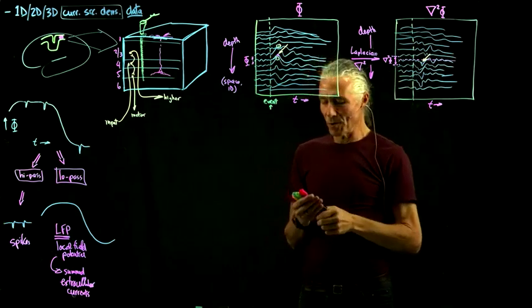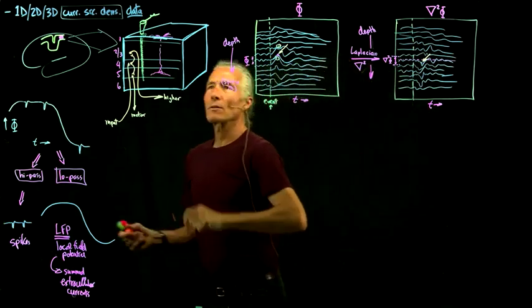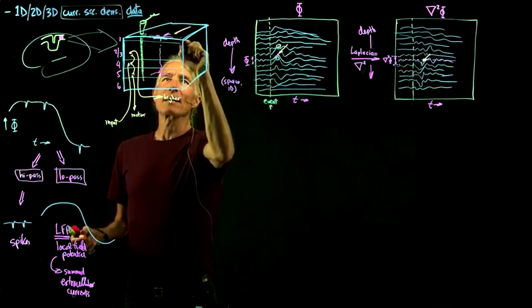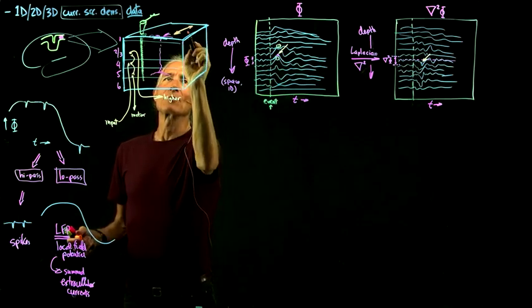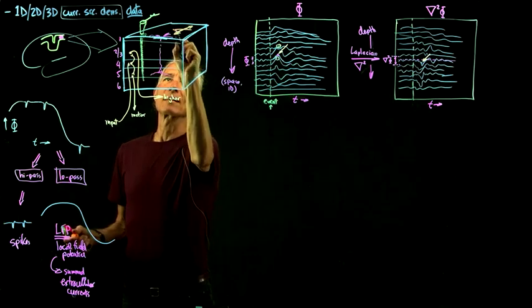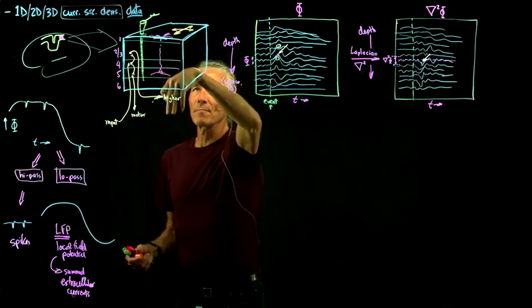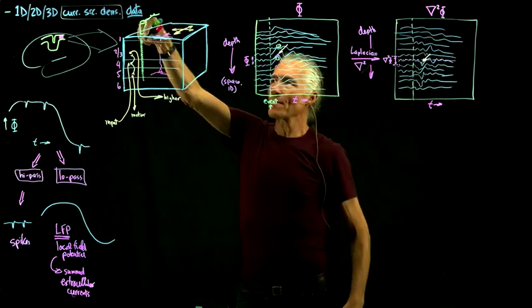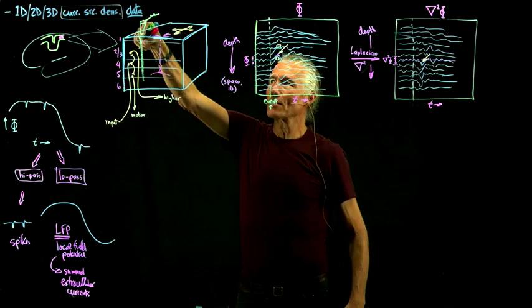But what about if you go to some other part of the cortex? So here's the two other dimensions of the cortex. We have the depth of the cortex, but what about just doing the same thing at a different place? So we did it over here.